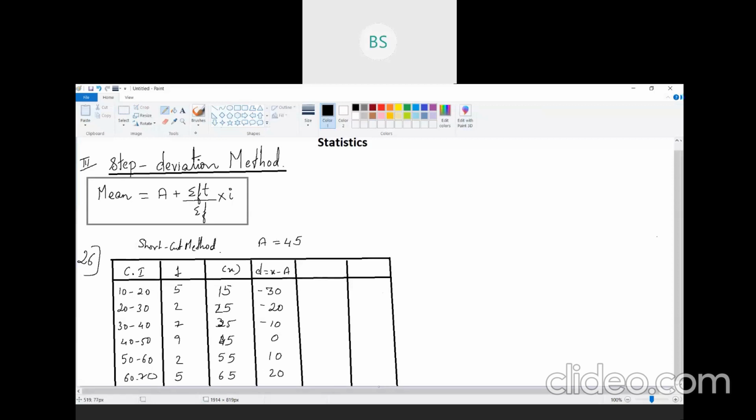Now since this is shortcut method, next column will be directly f into d, that is frequency column multiplied with d column. So 5 into minus 30, minus 150, minus 40, minus 70, 0, 20 and 100, right?